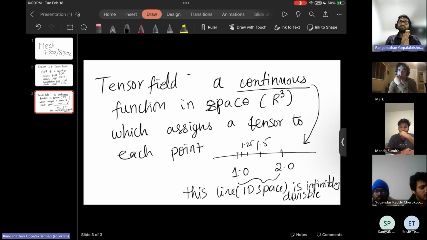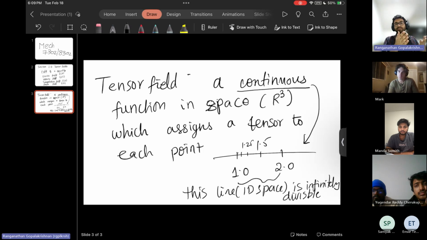So if you take a block of metal, and we are saying initially it has, let's say, a cubic shape before you apply any load and deform it. At every point in that block, you can assign a certain property value. It could be a tensor in general, or a vector or a scalar, like a stress tensor, a load vector, or a temperature scalar and so on.